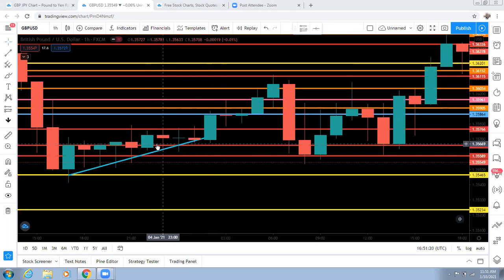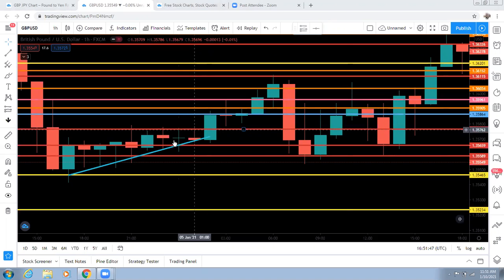Would you have gotten out of your buy because of the two candlesticks that are close together and undecided?